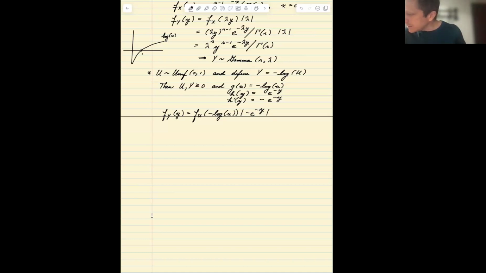The density of U is 0 when u is greater than 1 or less than 0. And then anything else, it's going to be 1.